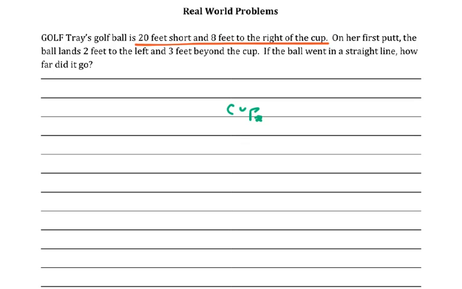Now, if it's short and 8 feet to the right, well, I guess I'll make something end up 8 feet to the right, like that. And then 20 feet short, I'm assuming that means it's going in this direction maybe.